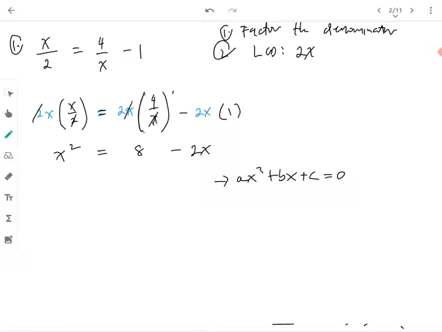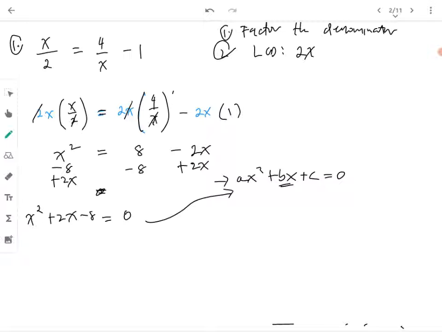Let's subtract 8 and add 2x on both sides. In turn we will have x squared plus 2x minus 8 equals 0. This is now in quadratic form.